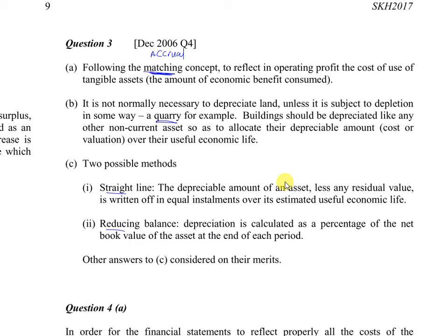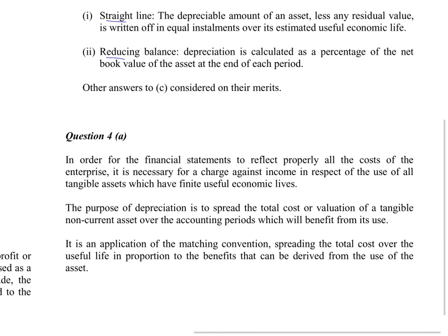Because it's a quarry site, they extract it to become your cement. Because you extract from a quarry, it can deplete. Deplete means it becomes lesser and lesser. So you have a useful life, you deplete. Otherwise, we don't for land. Got it? Two possible methods, one is straight line, one is reducing. Question 4, same thing for depreciation, you can take now.